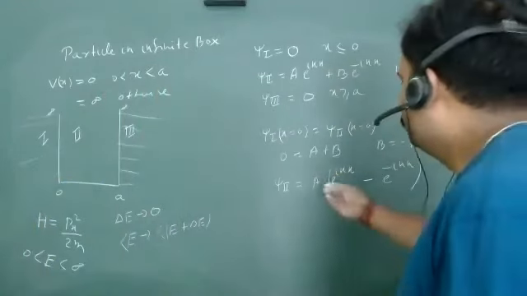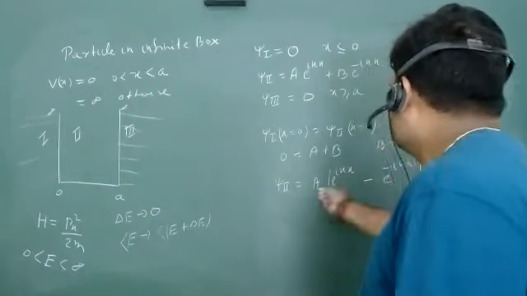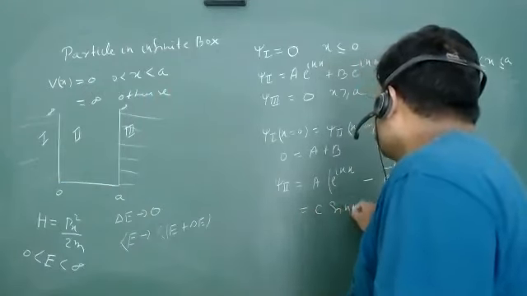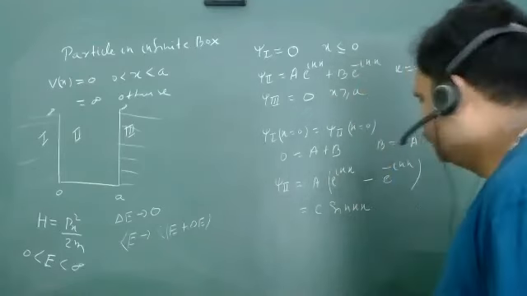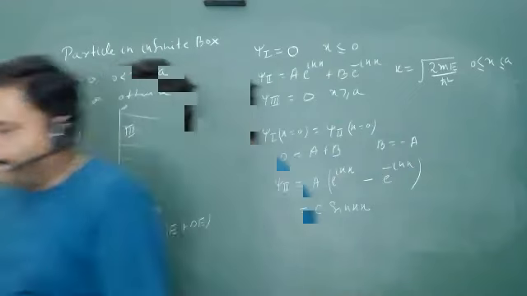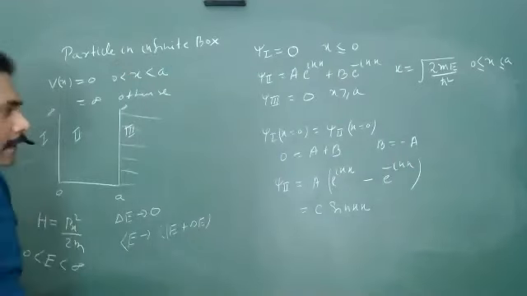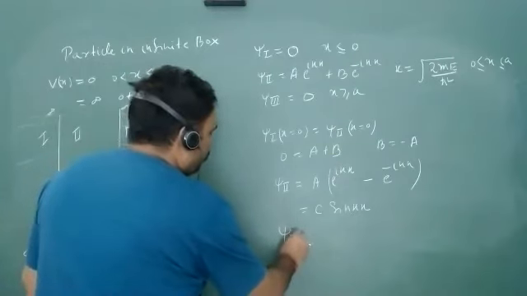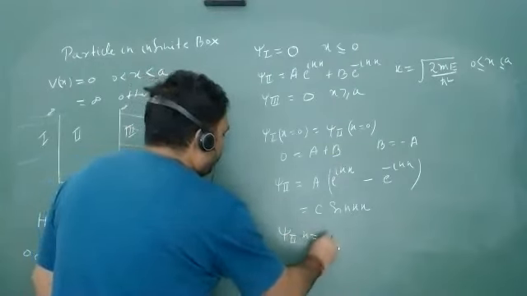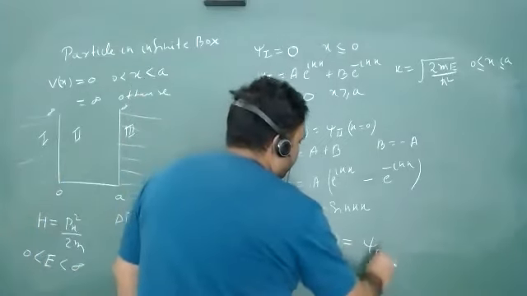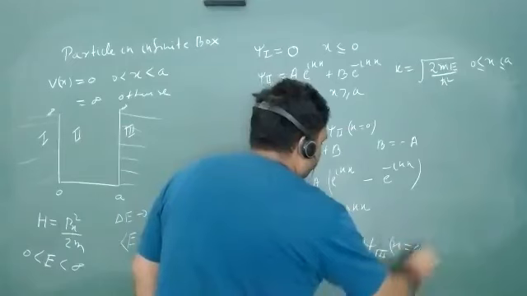And now, I can write this equation as c sine kx, isn't it? Next, psi 2 at x equal to a must be equal to psi 3 at x equal to a.